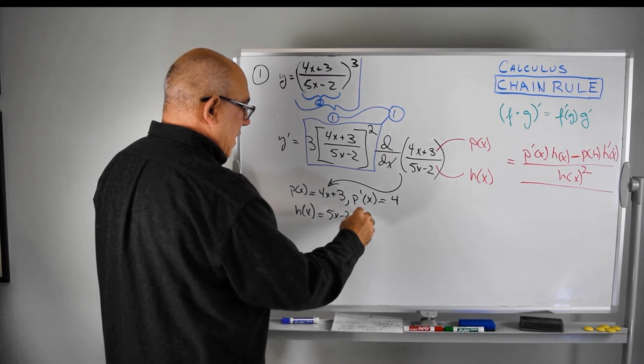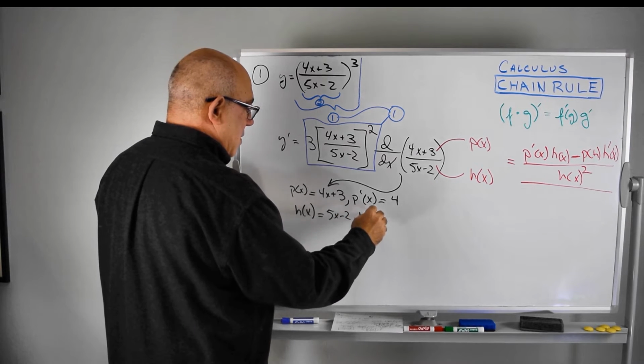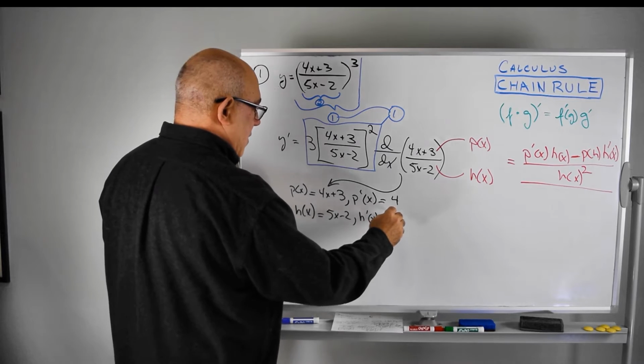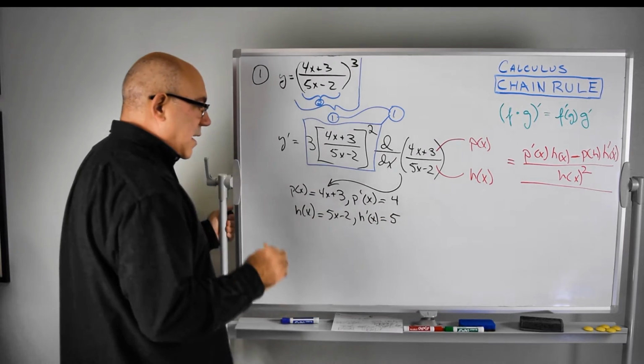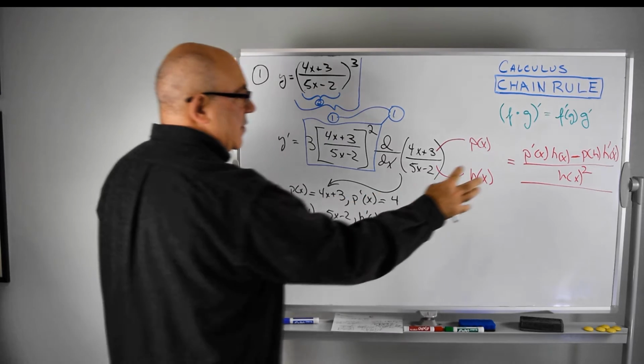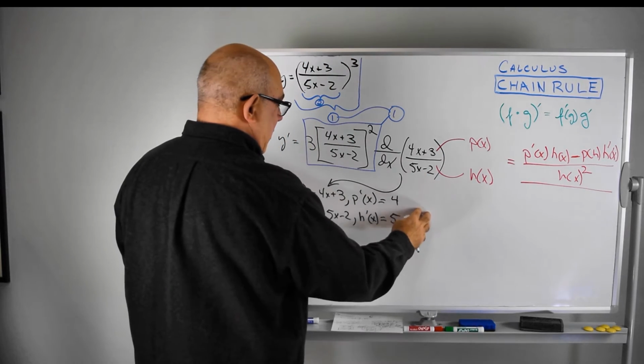And the derivative of h of x equals 5. Okay, so now let's use this function here to solve this.